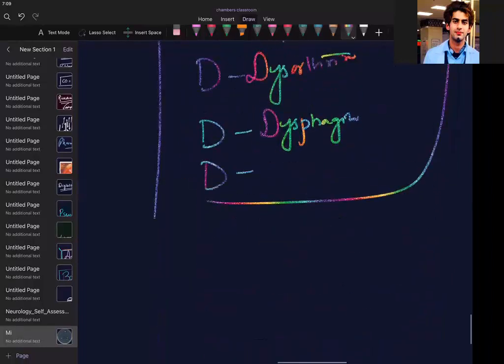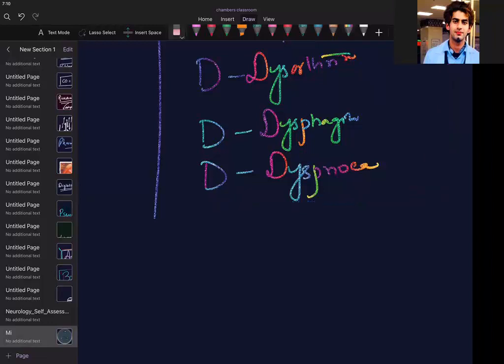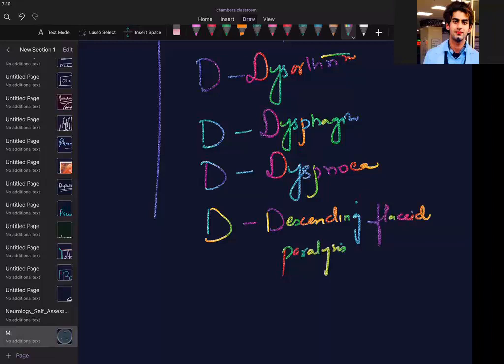Dyspnea means he can't breathe, breathing insufficiency. Last D is descending flaccid paralysis. Remember, his sensory control won't be affected. Sensory defect won't be affected.